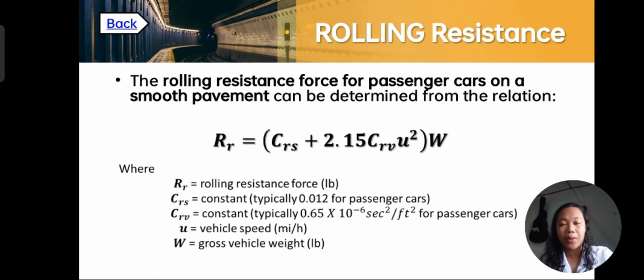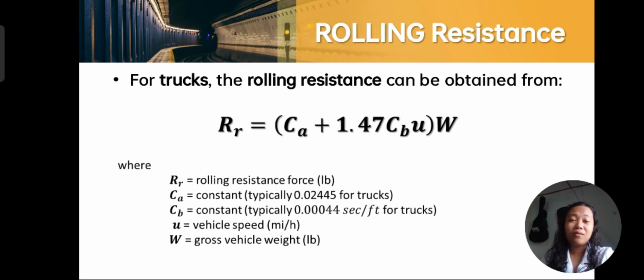is also in pounds. While the rolling resistance formula for trucks is given by R sub R equals the quantity C sub A plus 1.47 C sub B U times W, where R sub R is the rolling resistance force.